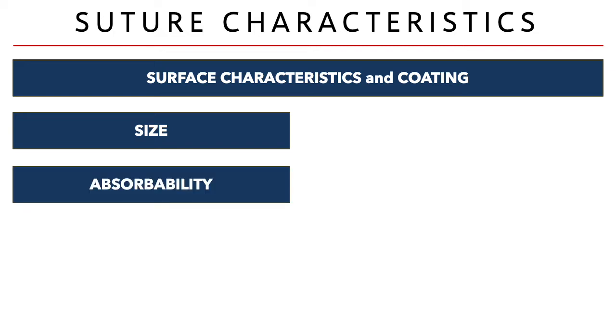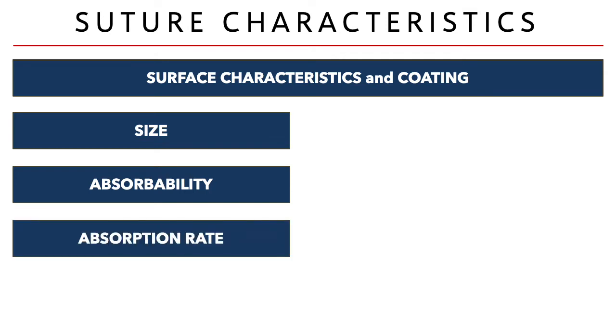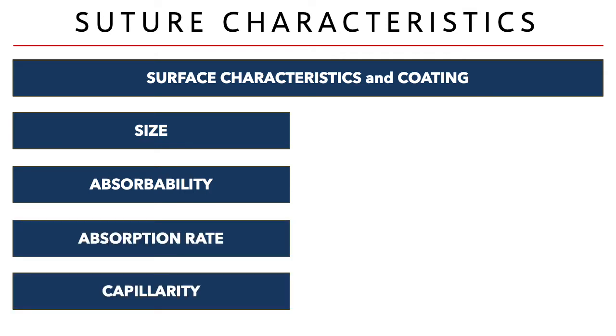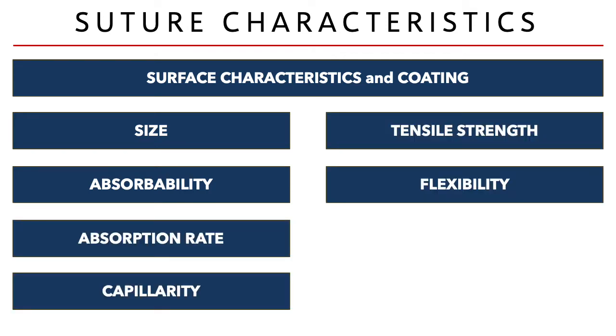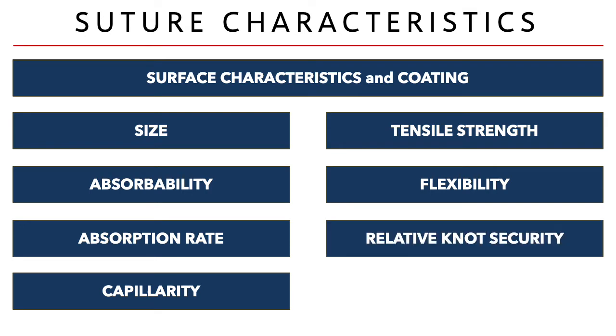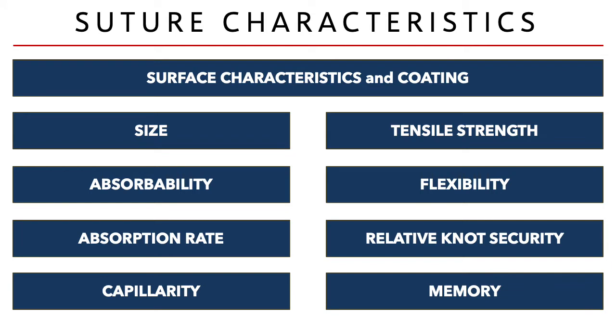The absorption rate, we will discuss this in more detail. Capillarity, tensile strength, flexibility or how bendable it is, relative knot security, how secure the knot it makes, and memory. If you fold them or manufacture them bent in a certain way, will it be hard for us to straighten them?